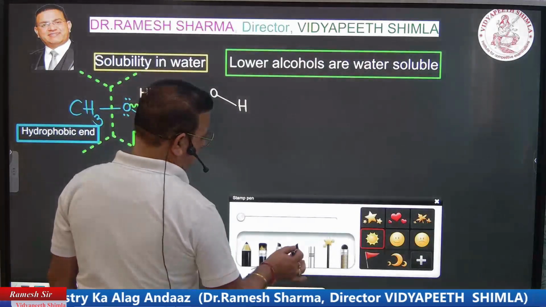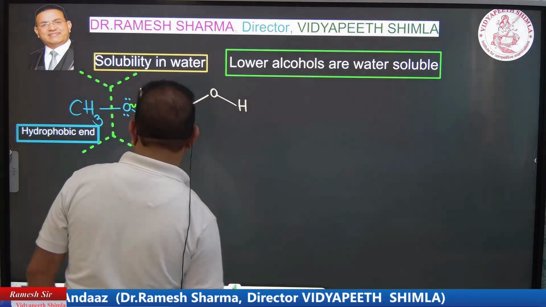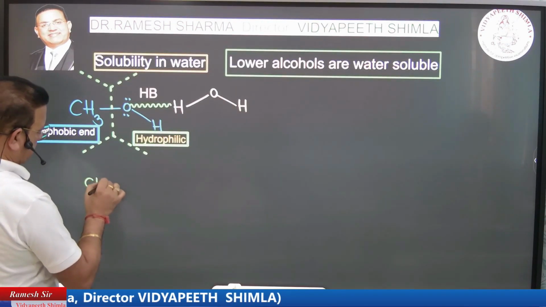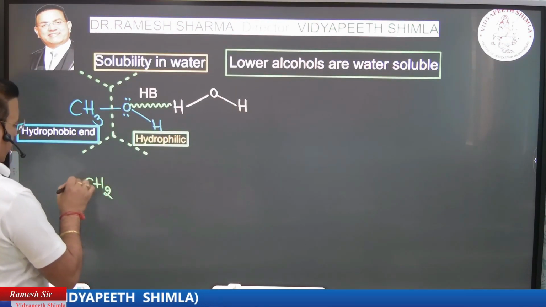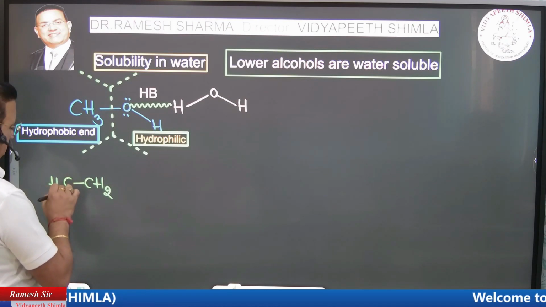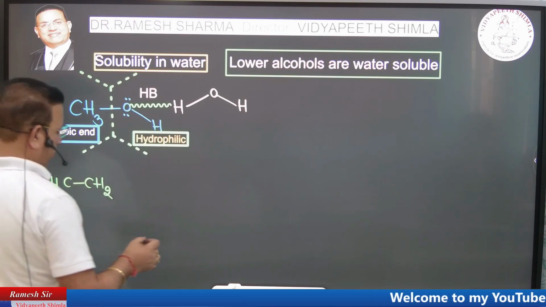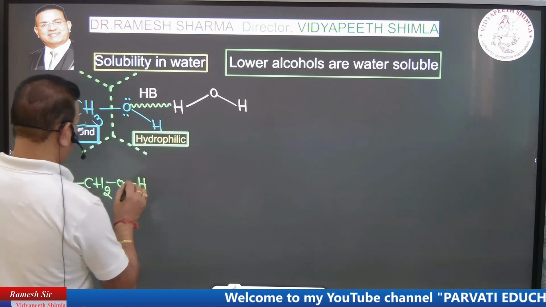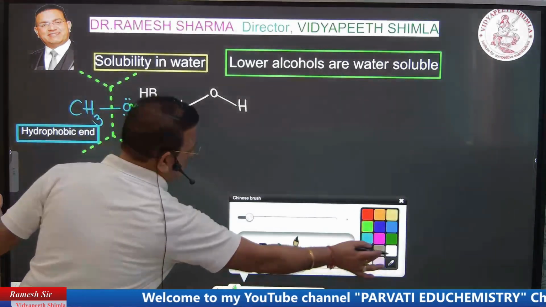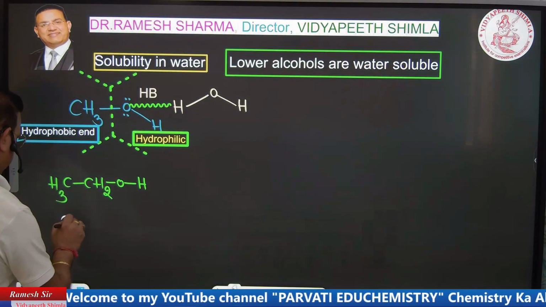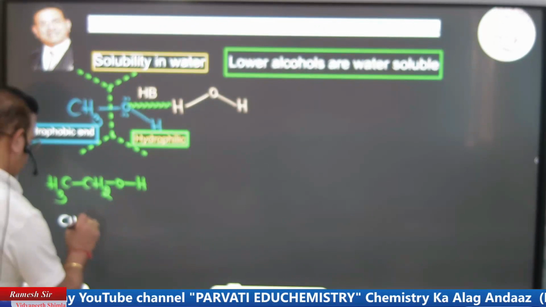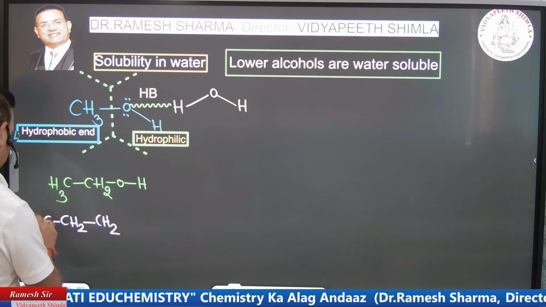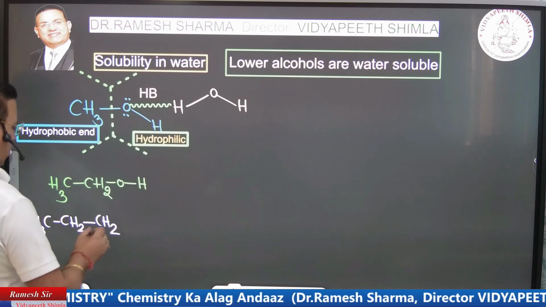As we move towards higher alcohols, this methyl will be substituted by ethyl group. As we move towards higher alcohol, this ethyl will be substituted by propyl group.